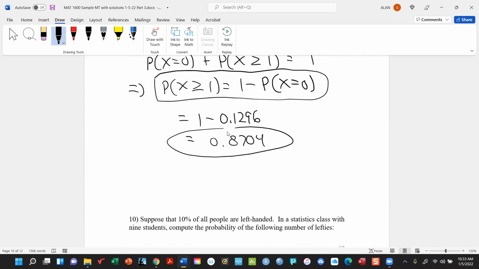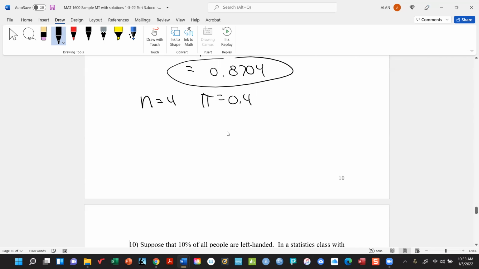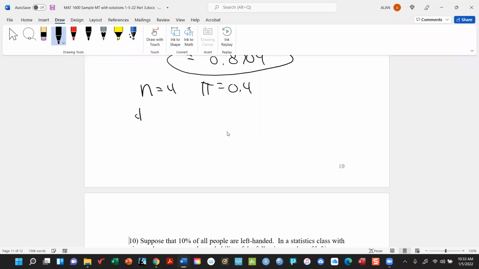Now, because this is the binomial distribution, we can use the special shortcut formulas. And look how easy that is.